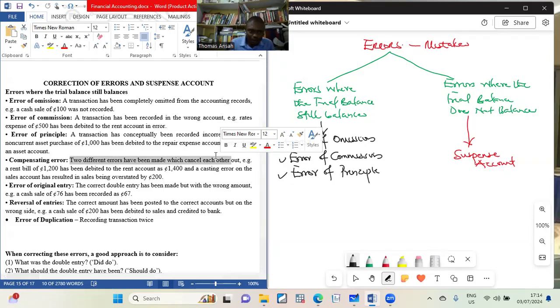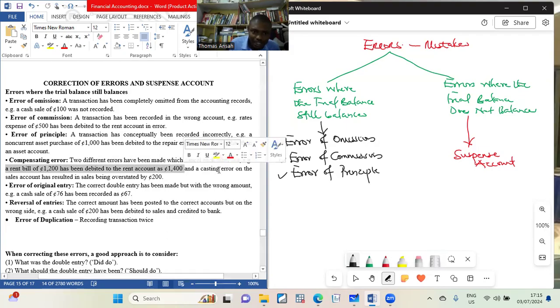All right, a typical example, look at this. A rent bill of 1,002 has been debited to the rent account as 1,004. And a casting error on sales has also resulted in sales being overstated by 200. So what do you see? You see that an error is made in one place and in another place.